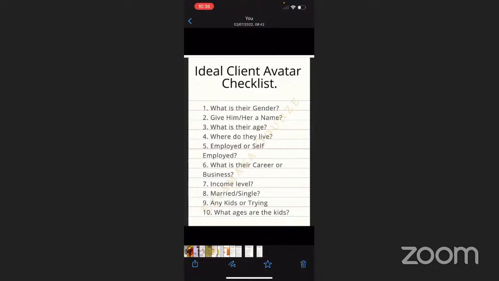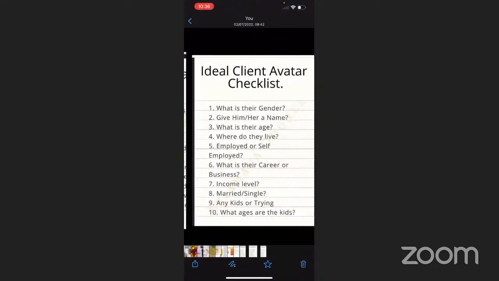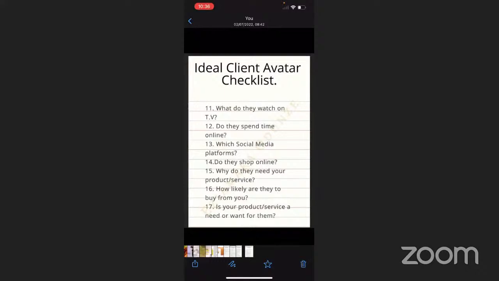She likes to watch TV. She spends time online. She watches social media platforms. She goes to Facebook often and she shops online. She needs my product because she has a challenge child and she needs something that can help the child.